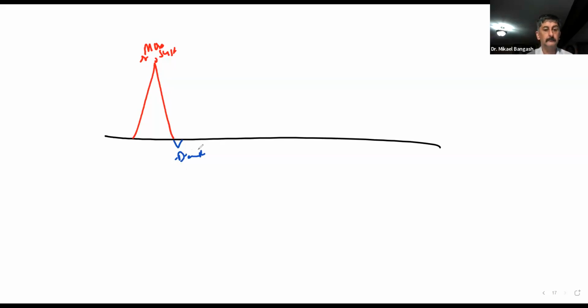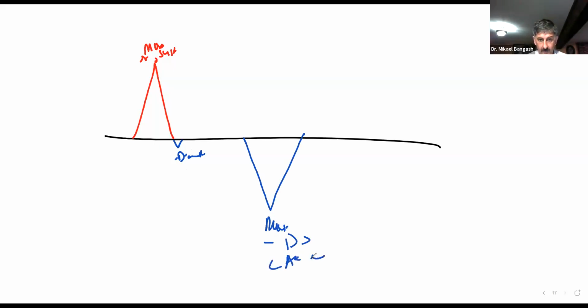So that's normal. Likewise, if you have a negative Doppler shift, this is going to be your max negative Doppler shift, just at the peak of your systole, maximum contraction of the heart.